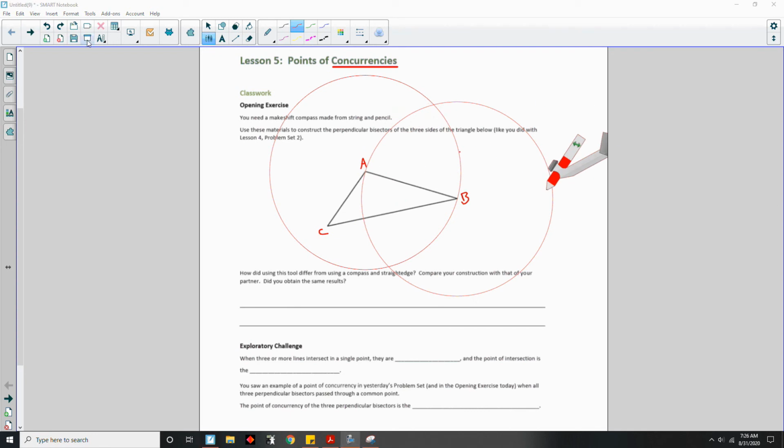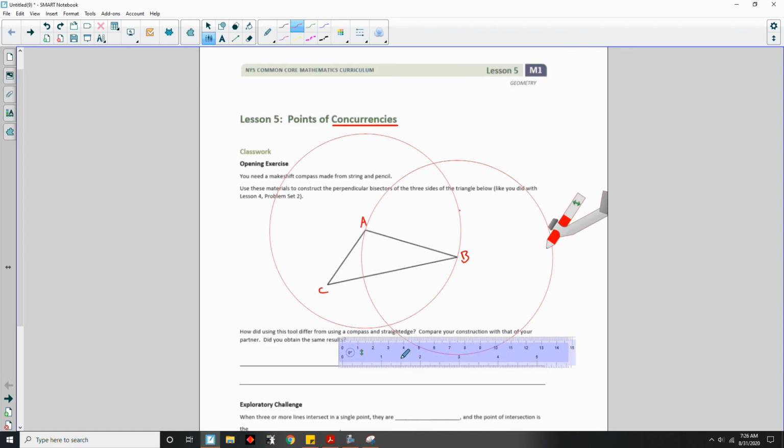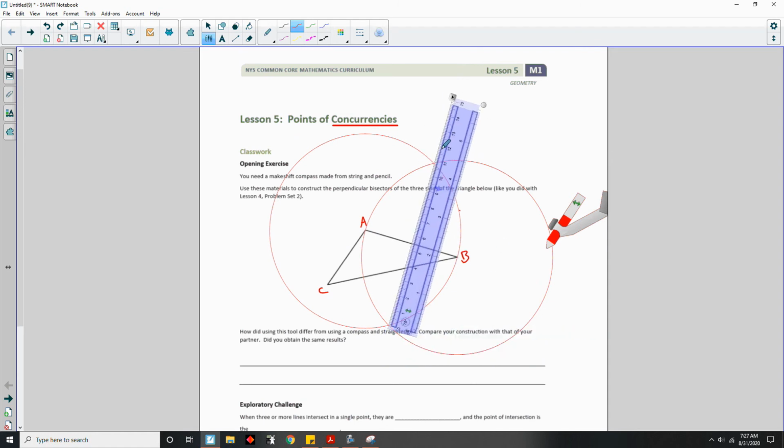I'm then going to take my ruler, put it at one of my intersection points, rotate it so that it goes to the other, and draw a segment.